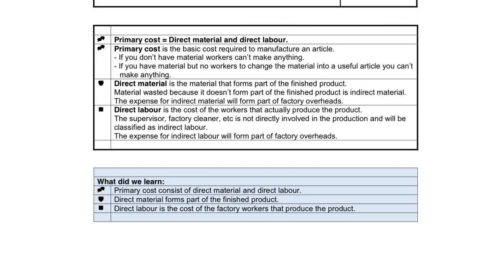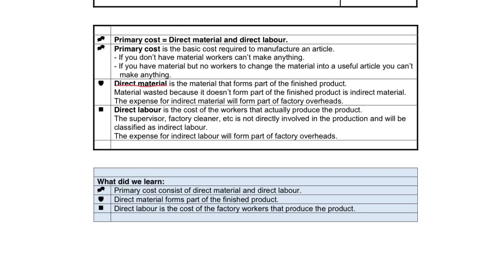It's very important to distinguish between direct material and indirect material. Direct material forms part of the finished product. So say for instance we have a factory making dresses. If we lay out the material and we cut out the pattern, the material that forms part of the pattern will be your direct material because it's part of the finished product.